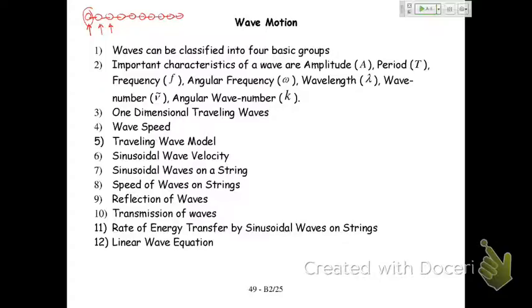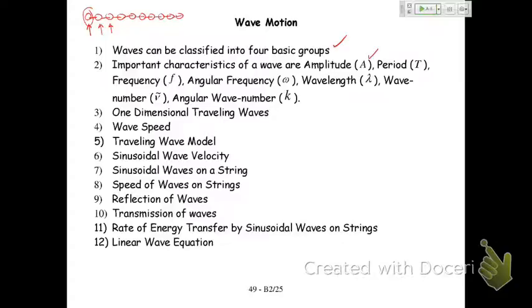What we're going to talk about today is that waves can be classified as four main types: transverse or longitudinal, and a wave train or a wave pulse, and we'll get to that. Then we're going to talk about important characteristics of a wave.